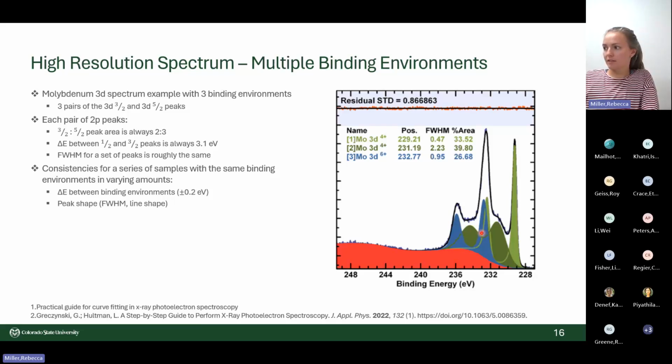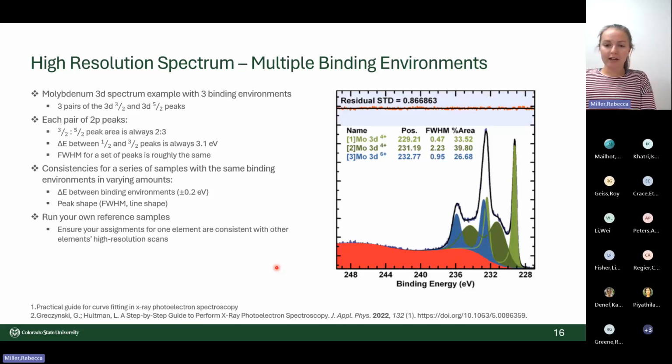You'd also expect that the full width half max would be roughly the same from sample to sample. Basically, what would be changing is just the area under those peaks as the composition of those binding environments changes. So that's something to keep in mind when you're analyzing your own data, but also looking at the research of what's reported out there.